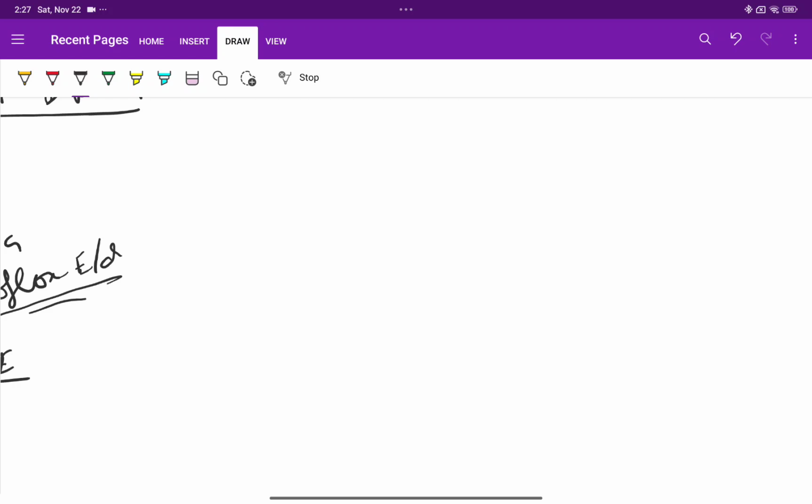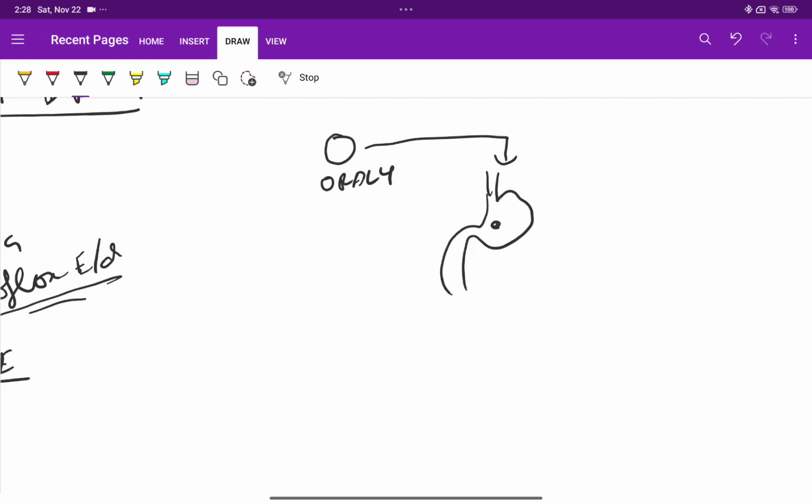Example, when I give a drug orally, as a tablet or syrup form, the drug reaches the stomach and later reaches the intestine. Weakly acidic drugs are better absorbed from the stomach, and weakly basic drugs are better absorbed from the intestine.